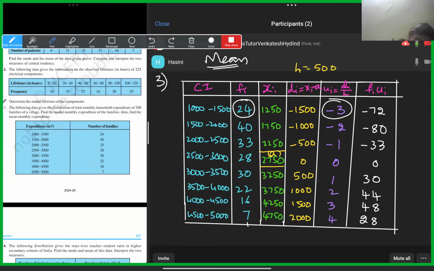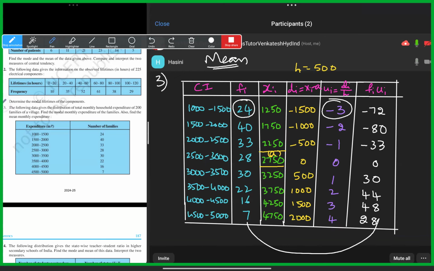I multiplied all the respective fi and ui values to get the fi ui column.